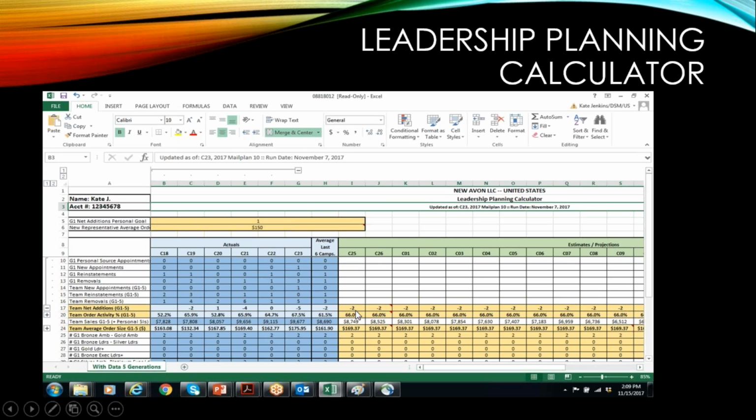So what you do is you fill in the numbers, and you can get a really good view at, if you had added 2 more people to your team, what that would do for your team sales. If you were to have a higher activity percentage, what that would do to your sales. So it's a pretty awesome tool.